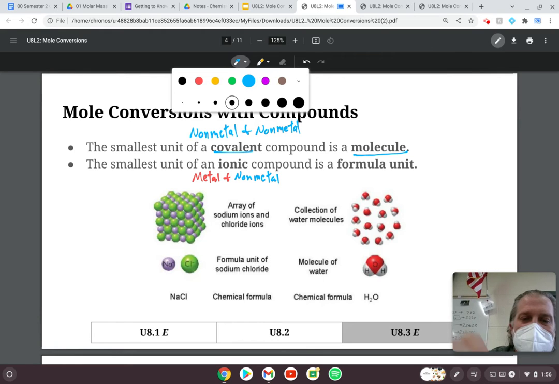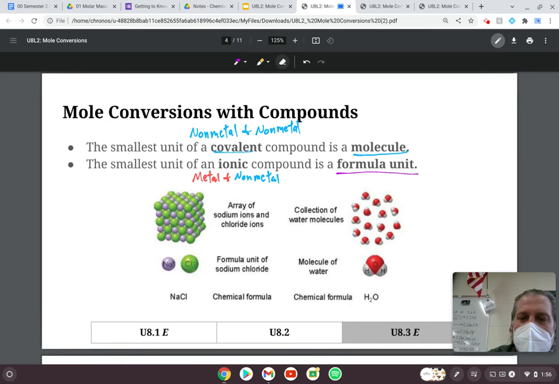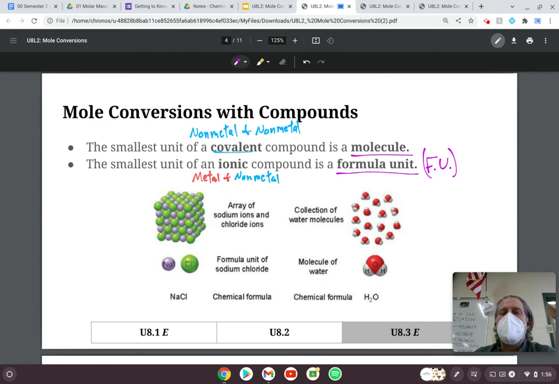And that is a formula unit. Okay? So we have these things called molecules, which we reserve for covalent compounds, and formula units, which we reserve for ionic compounds. Now, the formula unit, you can abbreviate FU. Okay? But there's really no abbreviation for molecule, so you got to write that one out.